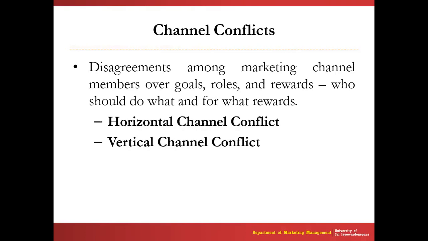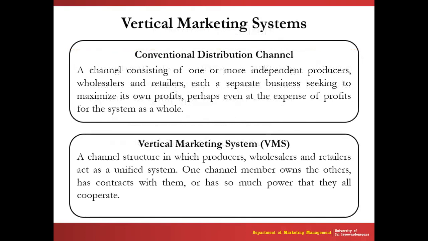Let me move to the second behavior, which is vertical marketing systems. As you already know, there are conventional distribution channels where the producer produces the goods and gives them to the wholesaler, the wholesaler gives them to the retailer, and the retailer gives them to the consumer, right?